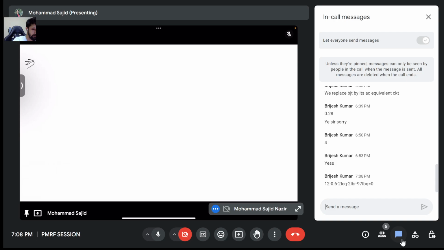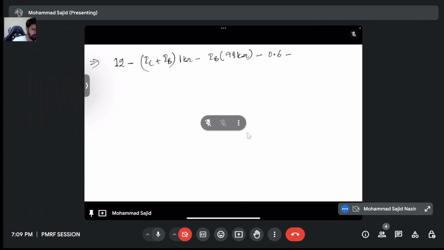So you have 12 as base voltage, then you have IC plus IB multiplied by 1 kilo ohm, then you have IB times 97 kilo ohm, then minus 0.6, that is your VBE, and at last 1 kilo ohm emitter resistance and emitter current.